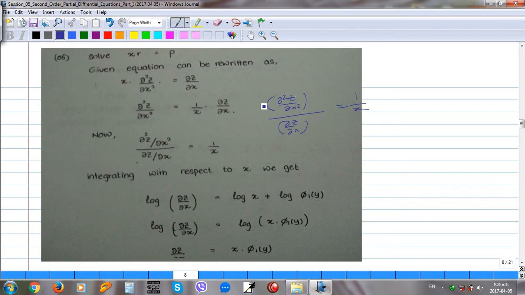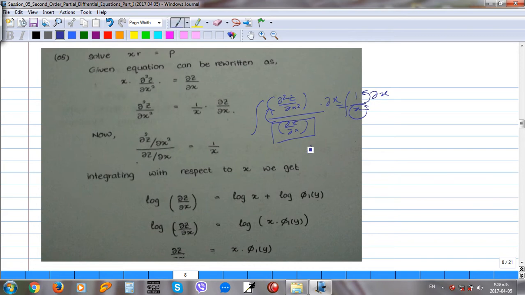So then I am going to integrate this with respect to x. Then what happened? Here the denominator is there, and the differentiation of the denominator is in the numerator.